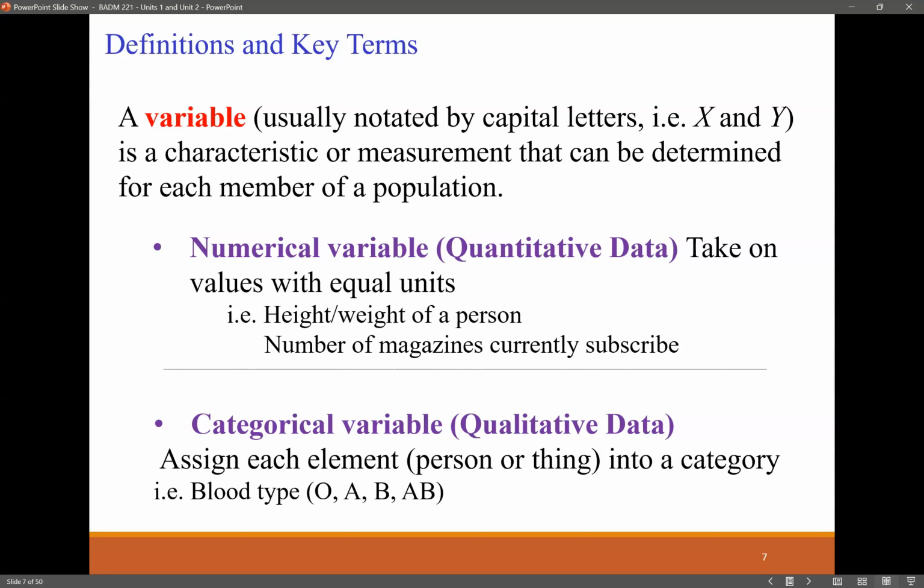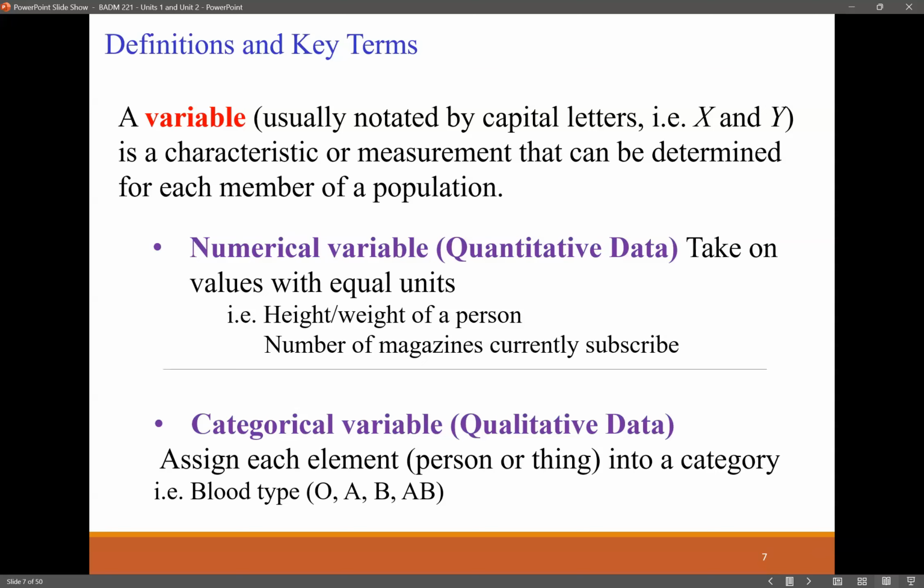Blood type, so O, A, B, AB positive, where you describe the element, whether it is a person or a thing. Like color of fruits or types of fruits: apple, orange, banana, and like that. Those are called categorical data or qualitative data.